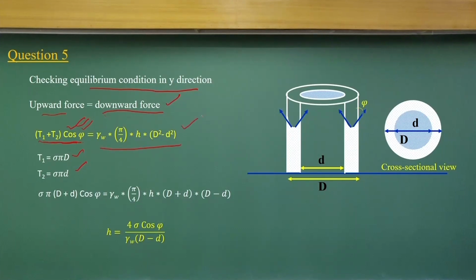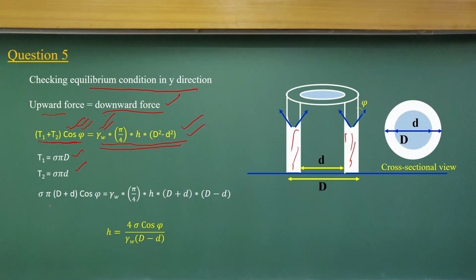We can compute the downward force, which is the weight of the fluid confined by the capillary rise: pi by 4 times (D squared minus small d squared) into h into the unit weight of the water. That gives the weight of the fluid acting downwards, against the upward force.